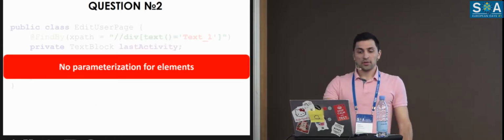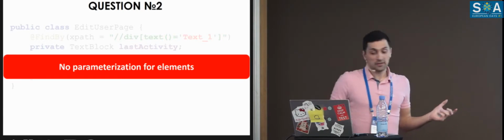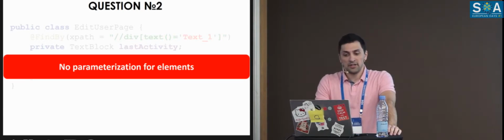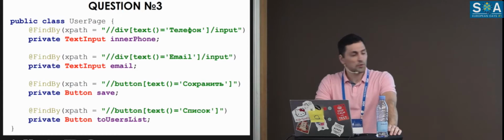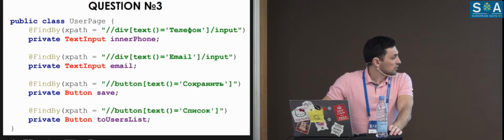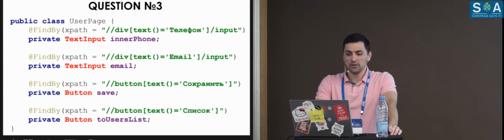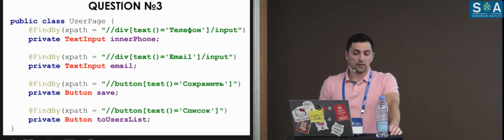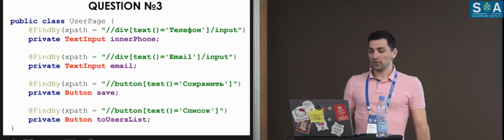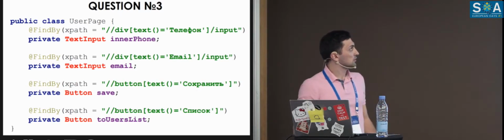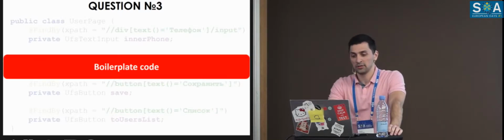If we have many identical elements, and also we use getters and a constructor, we get boilerplate code. By the way, there are 3 questions which I dislike.